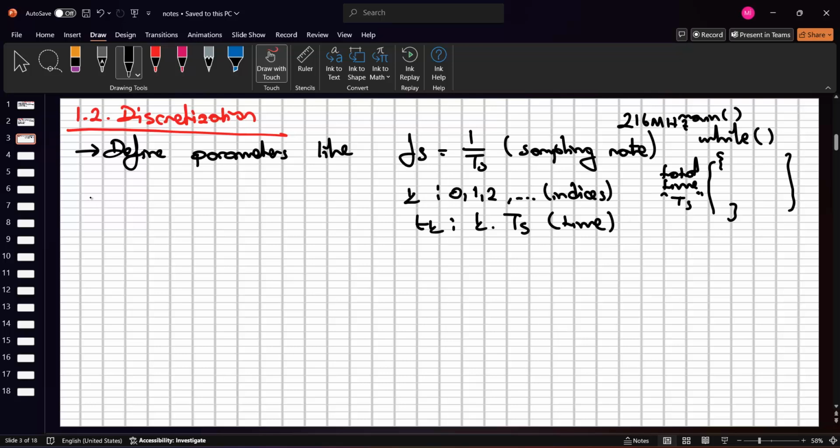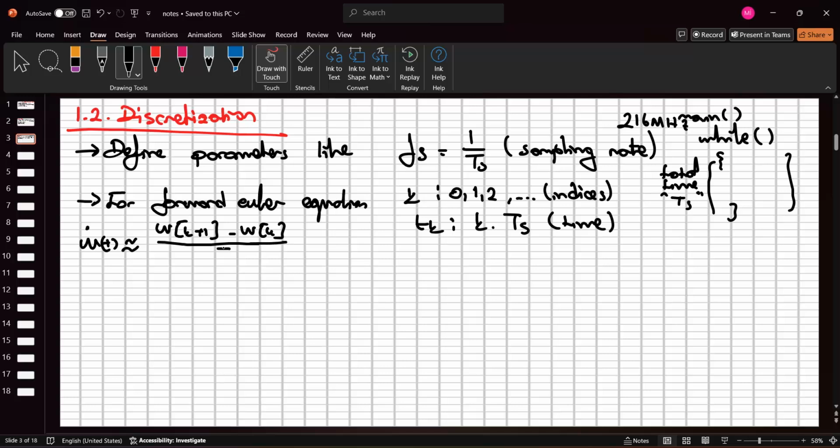Okay, and so in order to discretize our system, we can use the forward difference equation, on the basis of the forward Euler equation. We can consider that w dot is equal to w(k+1) minus w(k) divided by Ts.